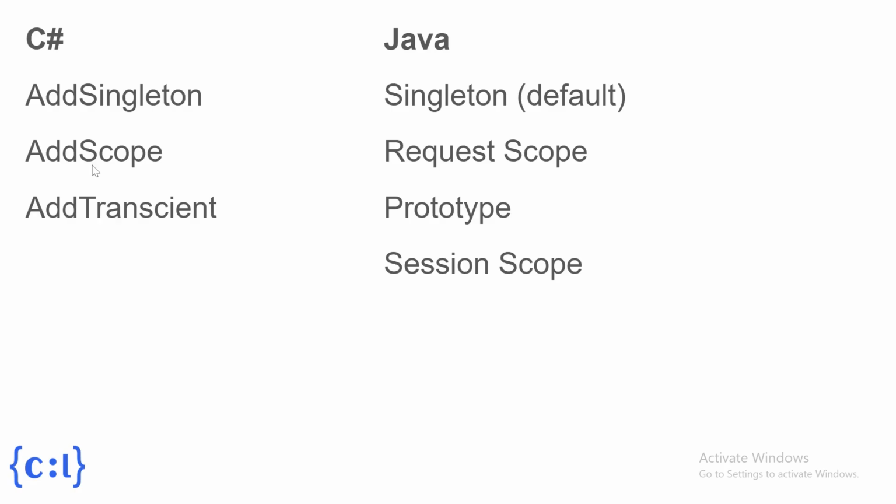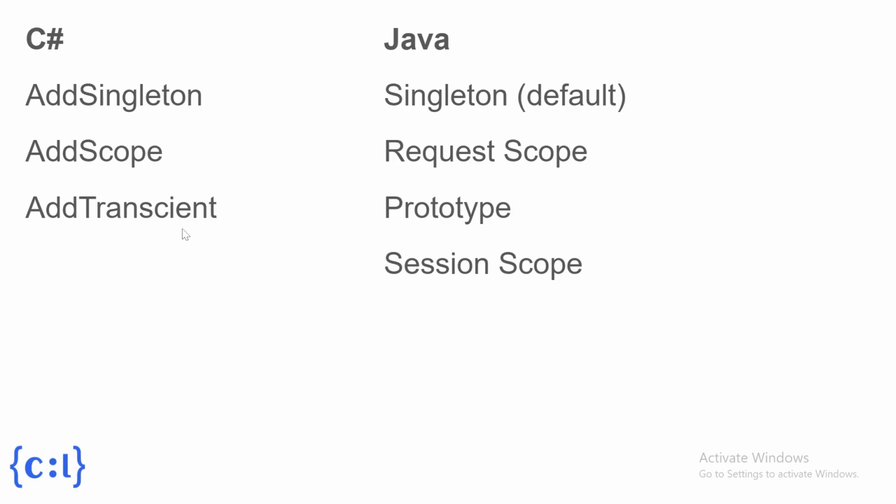It is highly recommended that you use singleton for something that is always in use throughout the lifetime of your application. For AddScoped and request scope, this is like a blend between speed and memory because the object is created per request, and at the end of the request, the object is destroyed. Which means the memory the object is occupying is freed, so when there is no HTTP request, the dependency object does not exist in memory, unlike the singleton.